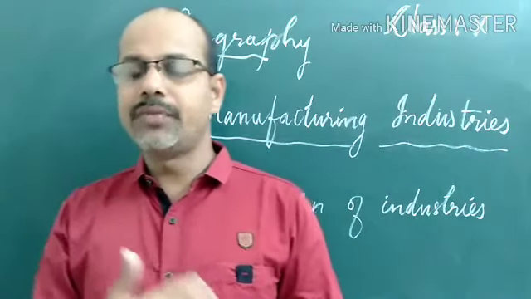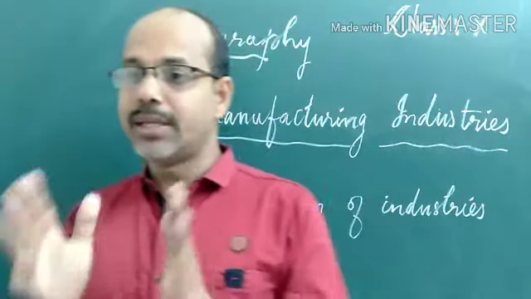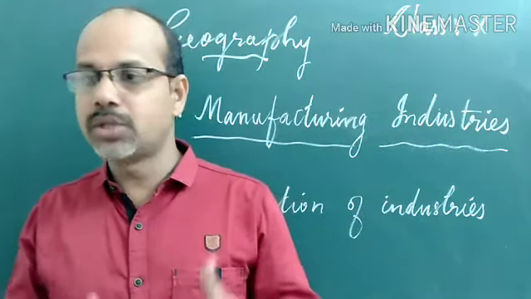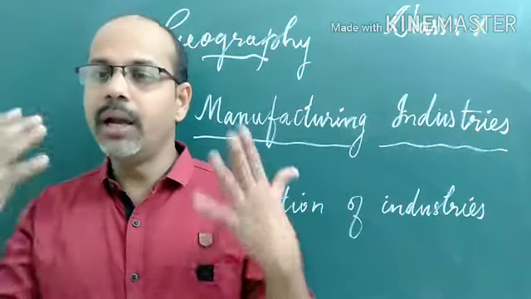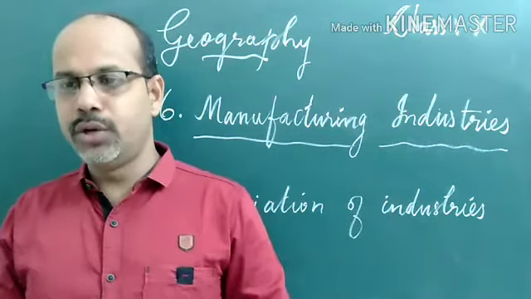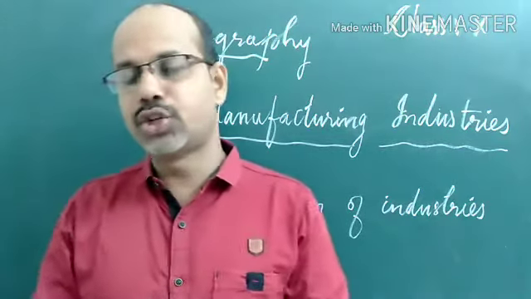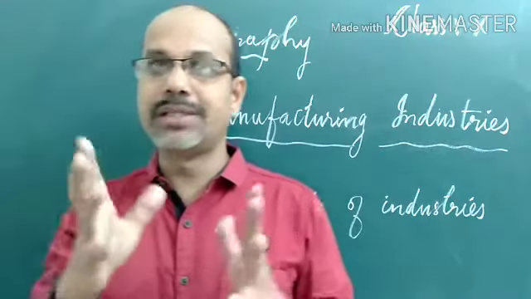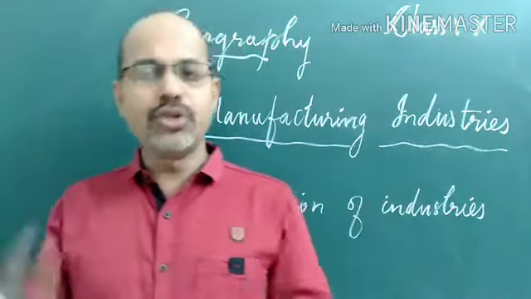Now, another classification is consumer industries. They produce goods for direct use by the consumers. Sugar is an example, as are toothpaste, paper, sewing machines, fans, etc. These are ready to use.